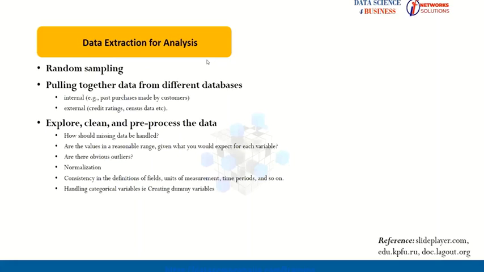So the next thing that we have here is that you explore the data, clean it, and preprocess it. When you explore the data, what exactly are you looking for? You are looking for missing values. There are some algorithms that, if you have missing values, it will create instability. Then you are looking for outliers.